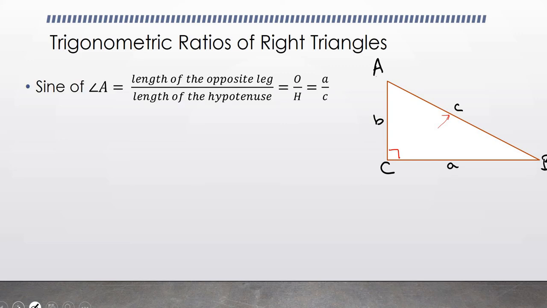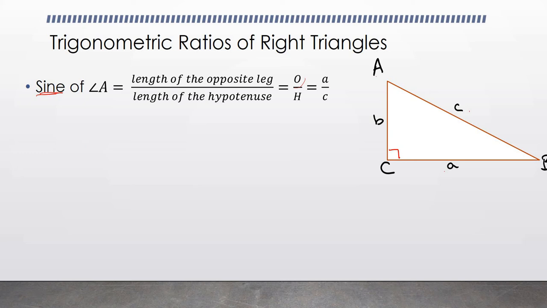So here's our first trig ratio. The sine. The sine of angle A is the name that we give to the ratio for the length of the opposite leg, simplified by O for opposite, over the length of the hypotenuse, which again we use H for. Now in this diagram, it would be A over C, opposite over the hypotenuse. And this would be the same for sine of angle A or B, because we cannot use the right angle for this particular process.